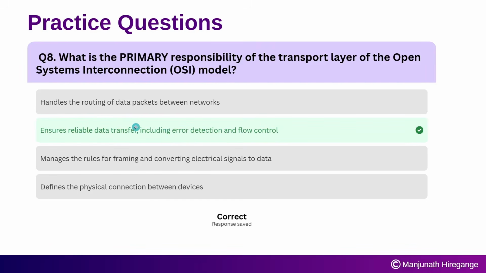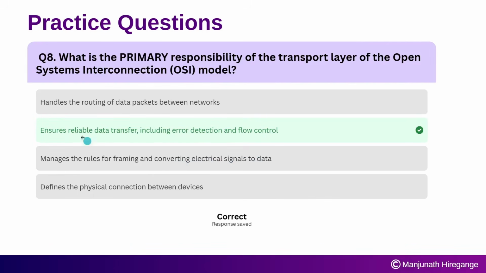Because the transport layer, which is layer 4 of the OSI model, is responsible for reliable data transfer between devices, which includes error detection, even correction, and flow control, to ensure that the data is delivered accurately and in the correct sequence.